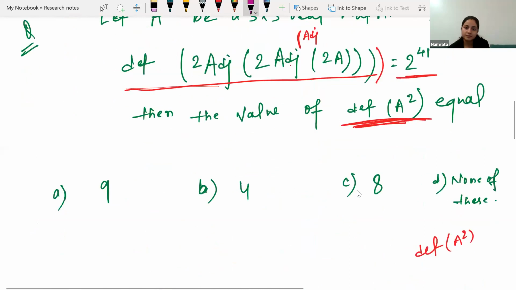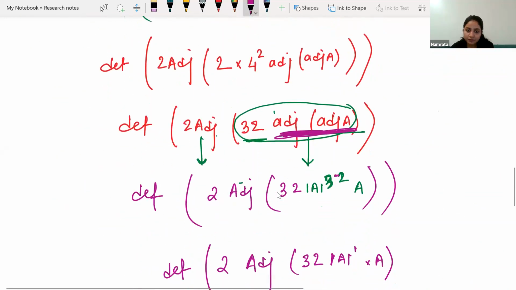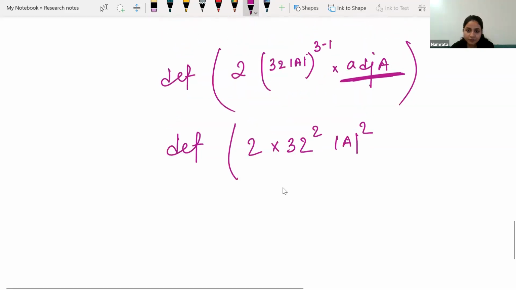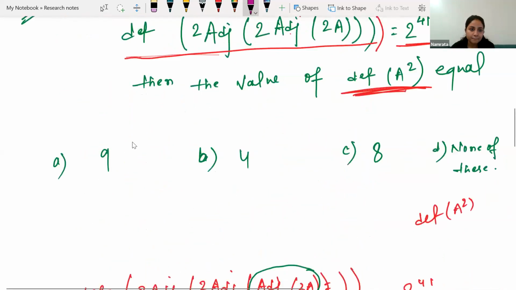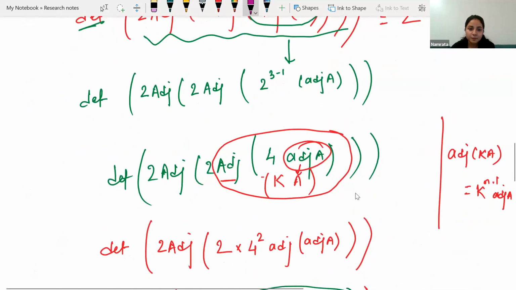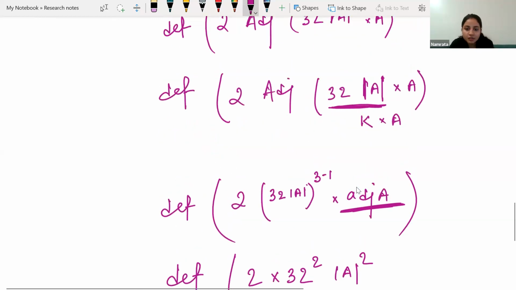Are we missing anything? In this step, we are having adjoint of something.